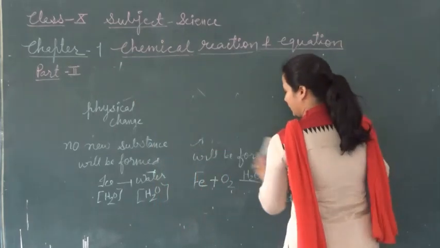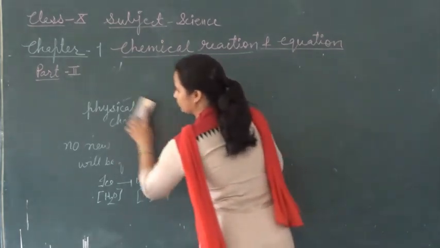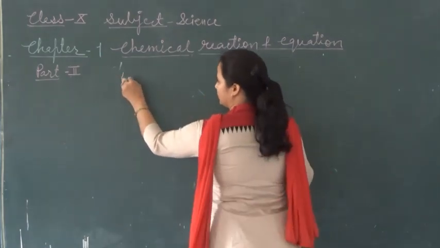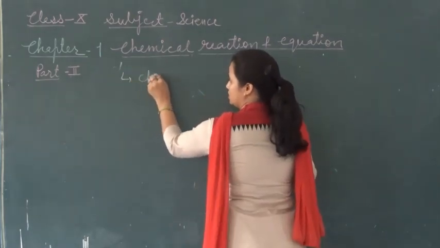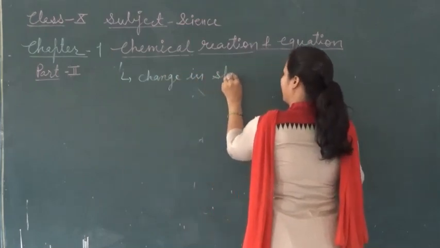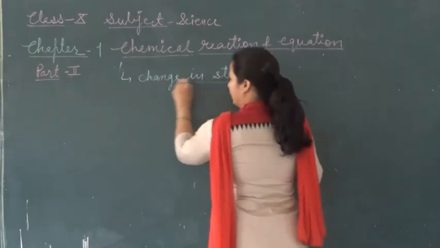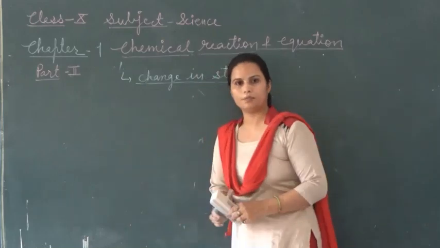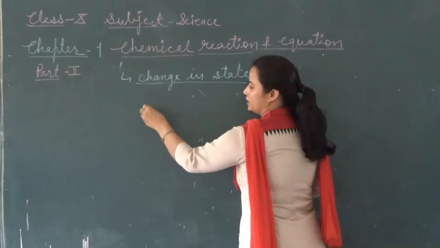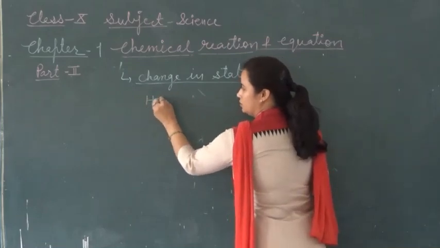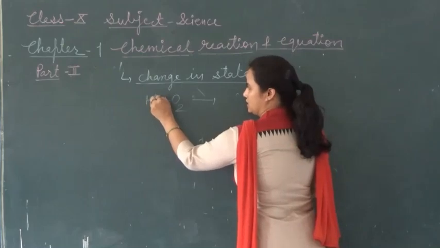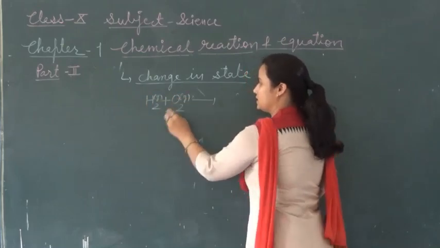So in chemical reactions, such changes occur, and the first is change in state. Again I told you, in chemical changes different observations occur, that is change in state. H2 plus O2: hydrogen is in gaseous form, oxygen in gaseous form.